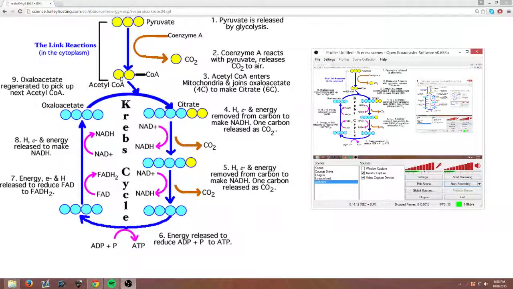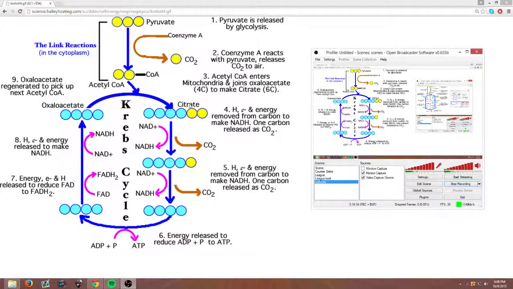And what makes this a cycle is after this double carbon compound is formed, it's acetyl-CoA, and it is picked up by the oxaloacetate, which picks this up to make this right here, which is citrate or citric acid, which is in orange juice.